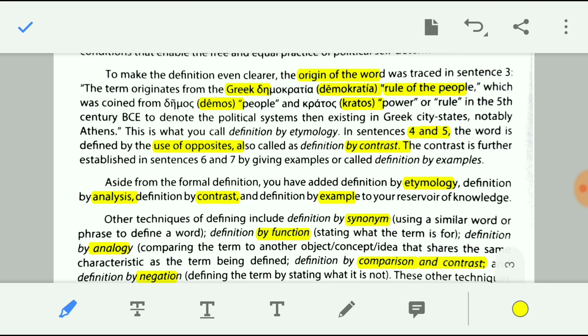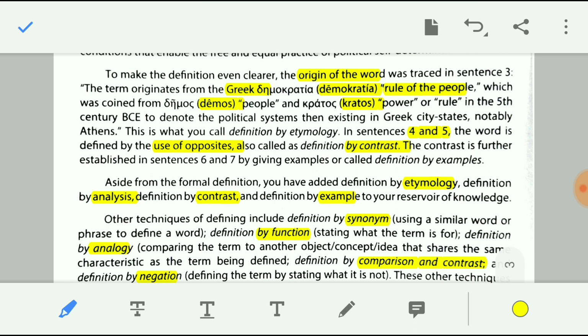So, as your written work number 1, you're going to be writing the definition of what a concept paper is by making use of at least four of the techniques that we have discussed in today's lesson.